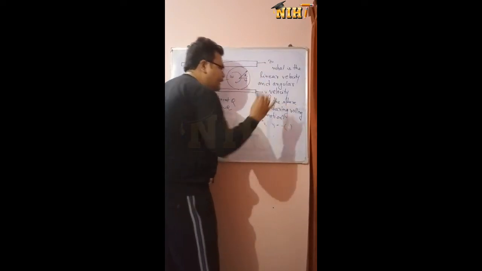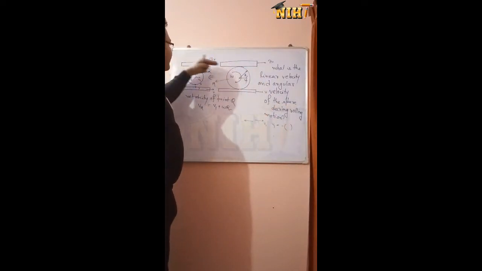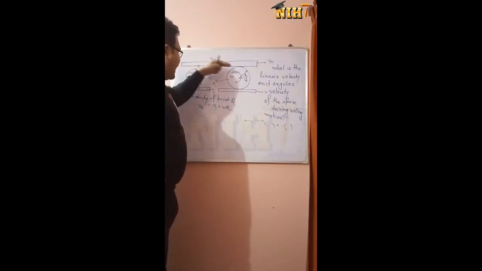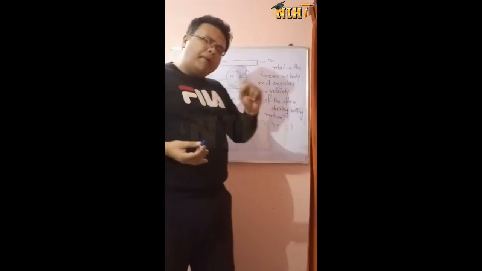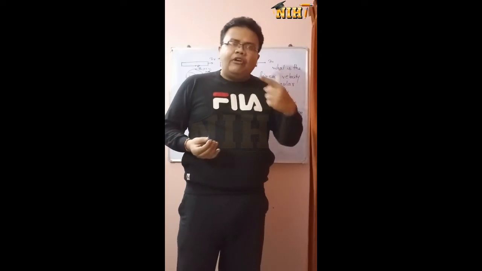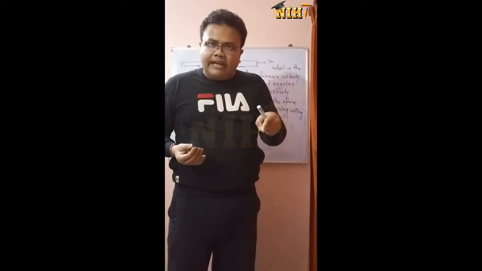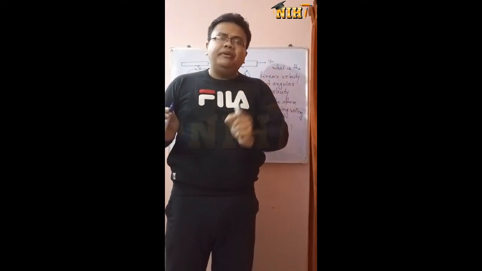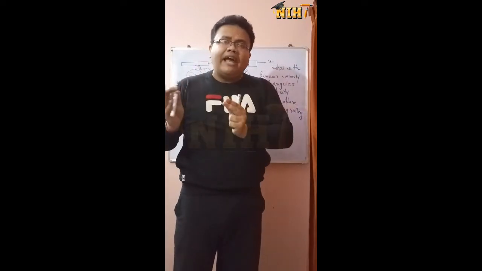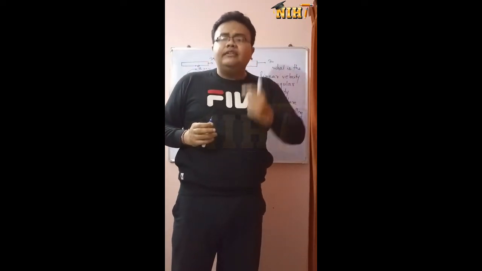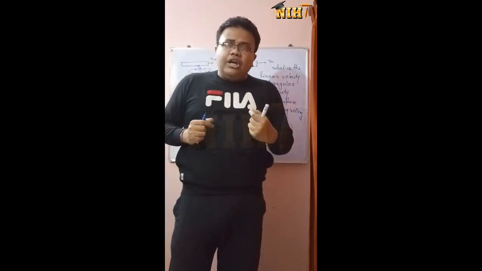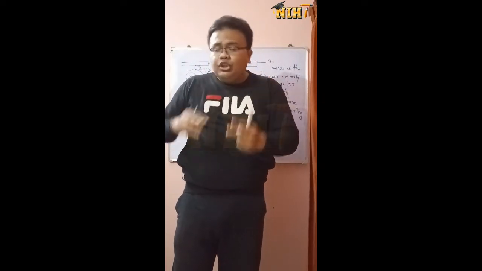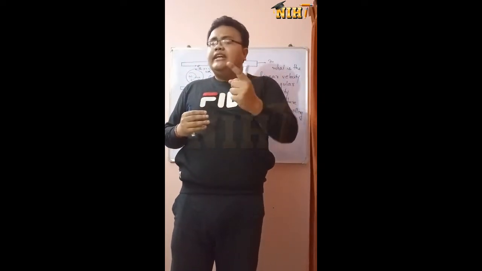I am taking v1 as positive in this direction, and the clockwise direction as positive. If the actual angular velocity is in the anticlockwise direction, the answer will be negative. So negative implies the actual direction is opposite to the direction I have taken.